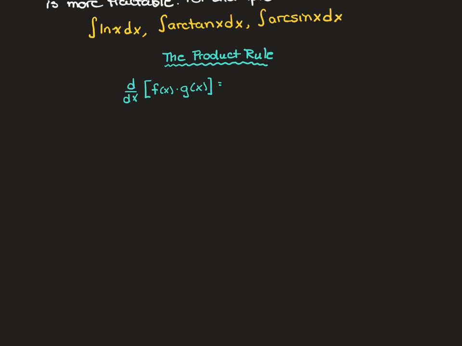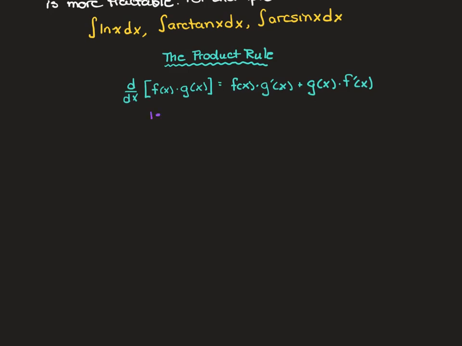The product rule tells us that the derivative of f times g is f of x times the derivative of g of x plus g of x times the derivative of f of x. So now I'm going to do some renaming.